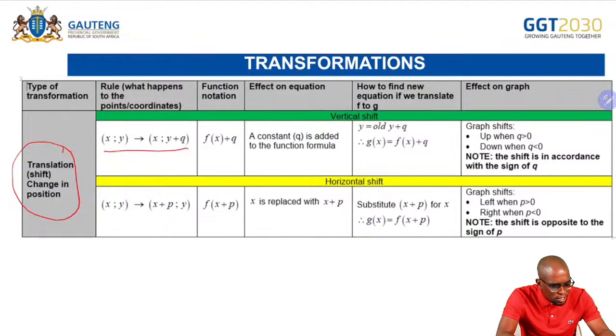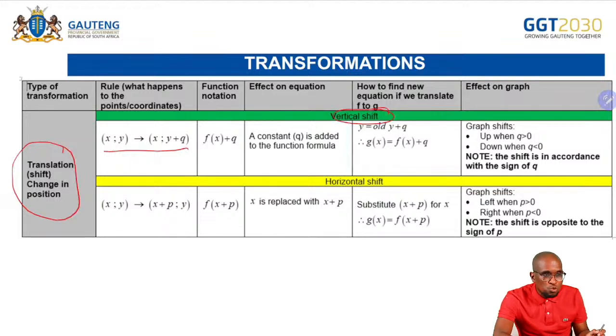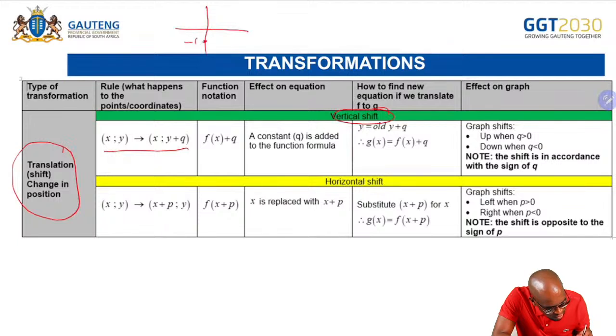Now, let's check what happens. If you have a point and you want to move it, you translate the point; that is the vertical shift of that point. To get the vertical shift, if you had a point here, maybe this point was at 0 and -1, and you want to move this point 3 units up, it's 1, 2, 3, then this point will end up here at 0 and 2.